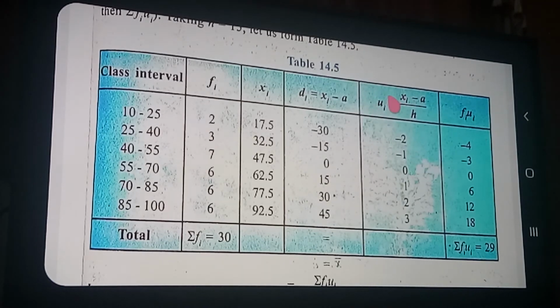Ui is equal to xi minus a by h, and the next column is fi ui. So which columns do you need here? Class interval, fi, xi, then ui, xi minus a by h, then you multiply fi and ui. Okay, go to the next point.